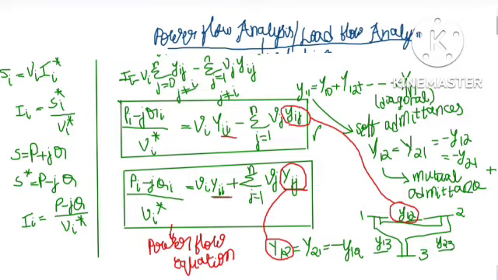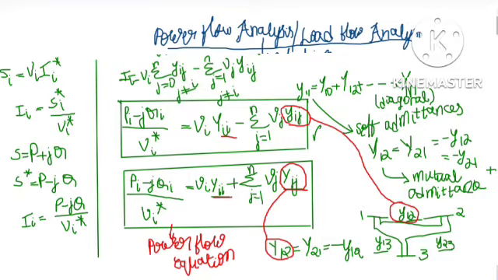So what I can write, I can take this minus, minus yij, and I can write this as Vi Yii plus summation of j equals 1 to n Vj into capital Yij.